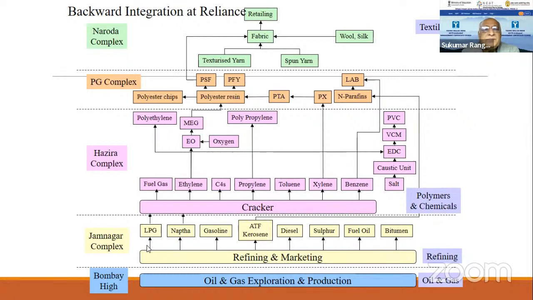Whereas the LPG and naphtha go to a cracker plant in Hazira, from where the products which come out are again, some of them direct products, and some again raw materials to the next process. Like from here, if you see, one of the things which comes out is propylene. Now propylene is taken to the next stage to polypropylene, which is what you know.